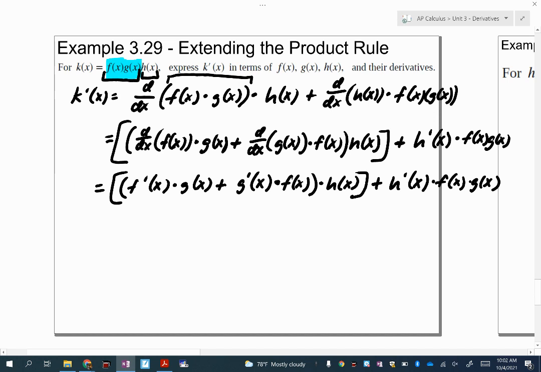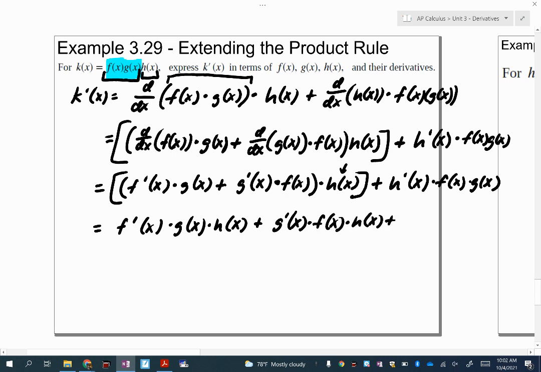So I'm going to distribute this h of x here to get f prime of x times g of x times h of x plus g prime of x times f of x times h of x plus h prime of x times f of x times g of x.